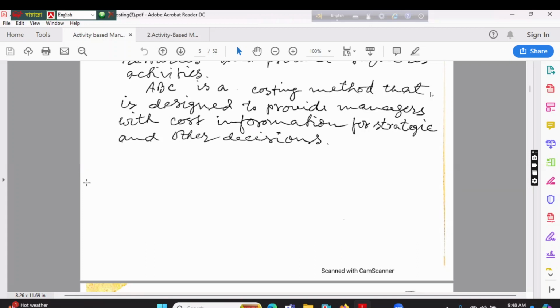The underlying assumption is that activities consume resources and that products in turn consume activities.